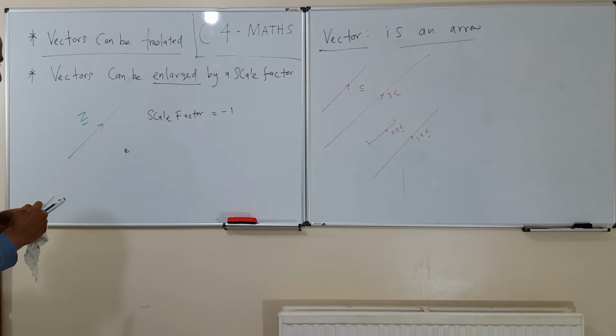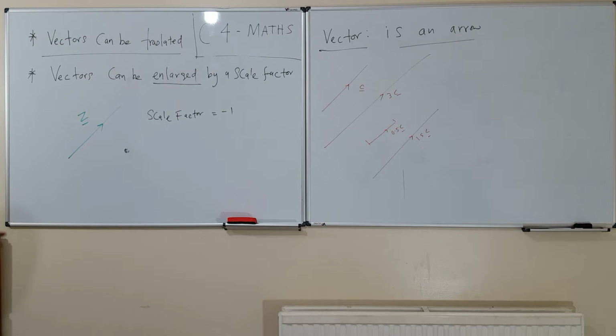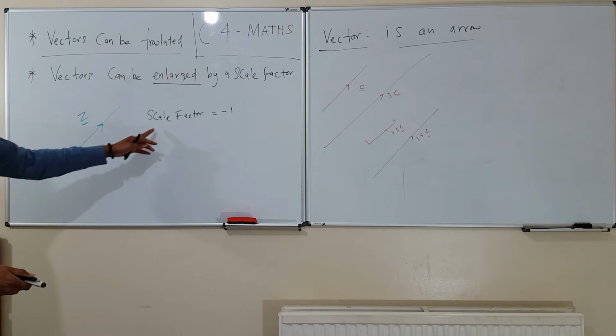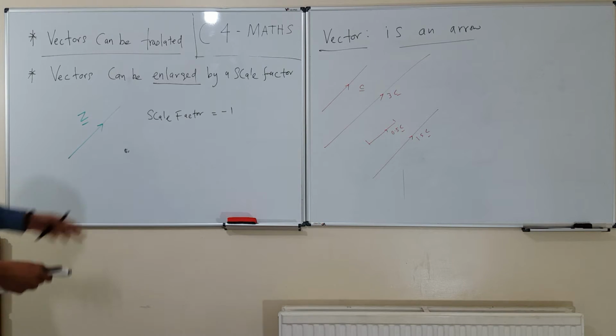So what happens here? This z becomes -z. However, in vectors, if this is z, the -z would be exactly opposite. They are still parallel, however, exactly opposite.